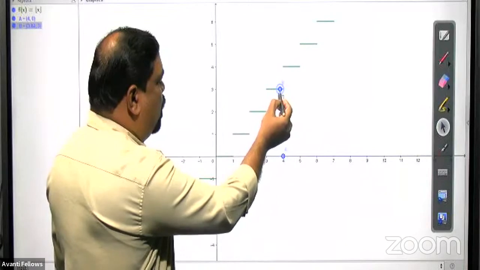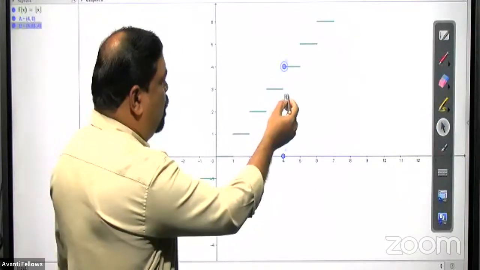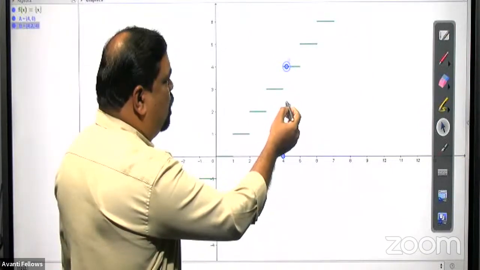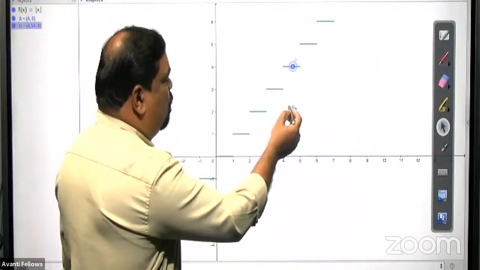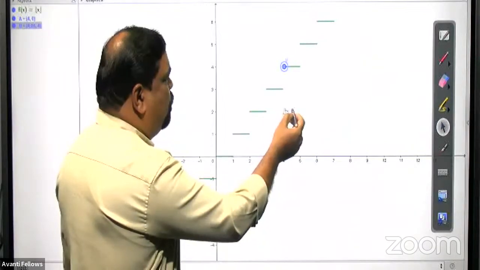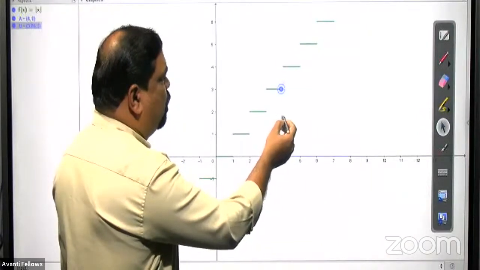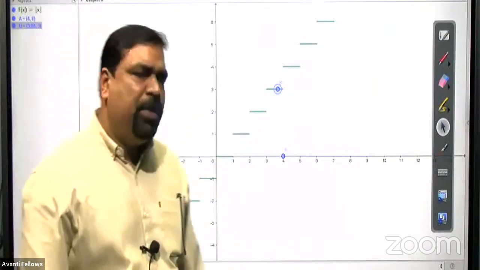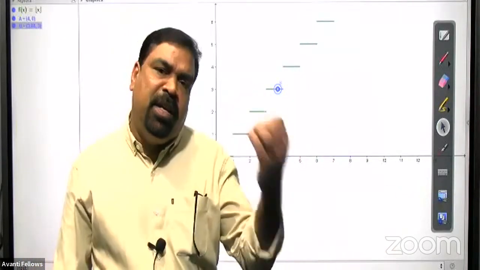Between 3 and 4, for values less than 4, the value is 3 only. Now if I move to the right side of 4, the function jumps to 4. So the right hand limit is 4, but the left hand limit is 3. The left hand limit and right hand limit are not equal, so the function is discontinuous at the point 4 also. So at every integral point, the function is discontinuous. Very clear?